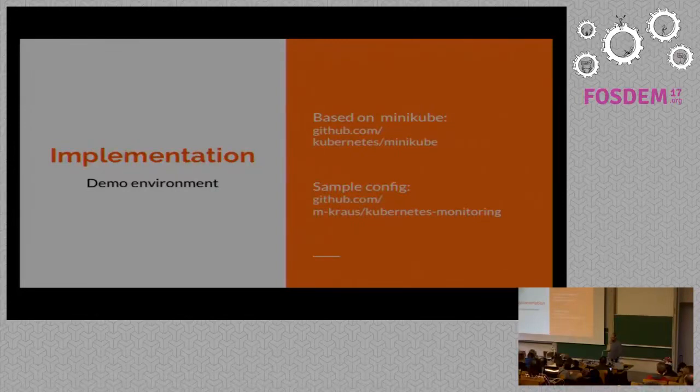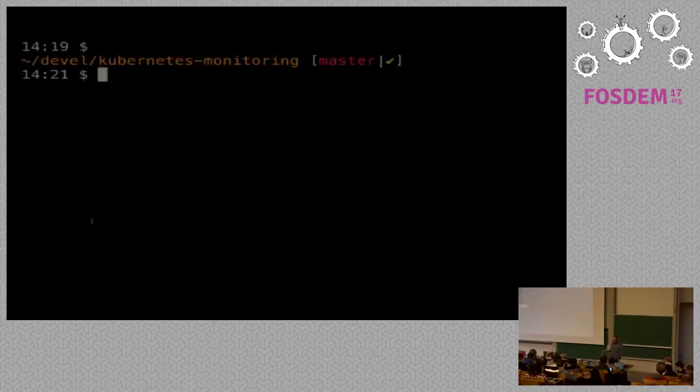It's a sub-project of Kubernetes for running a sample Kubernetes on your laptop. The sample config you can get on my GitHub account. Links and presentation slides, by the way, you will find on the FOSDEM schedule event page for my talk here when you need it. So try it out.